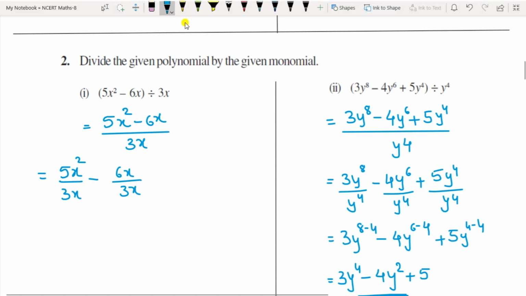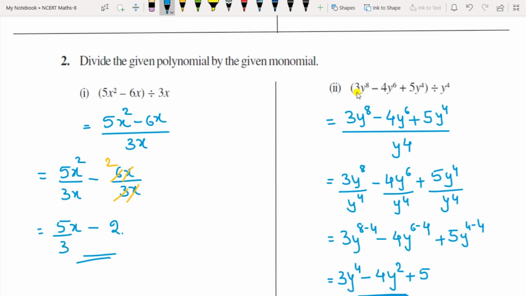Now do the cancellation of the numbers here if there are any. Now here there is no cancellation, here it is 3 1s are 3, 2s are 6, and x will also get cancelled here. So the answer is here 5 by 3, x raised to 2 minus 1 is x, and minus 2 is the remaining. This is the answer. Okay.